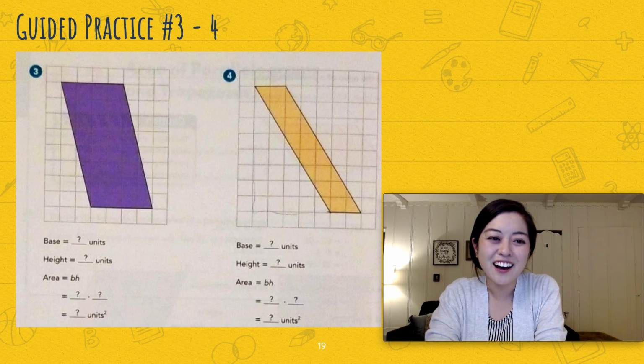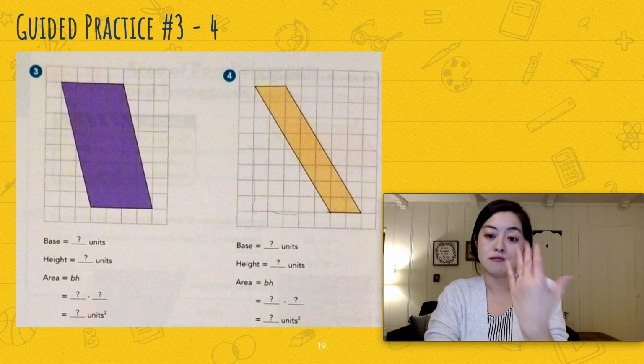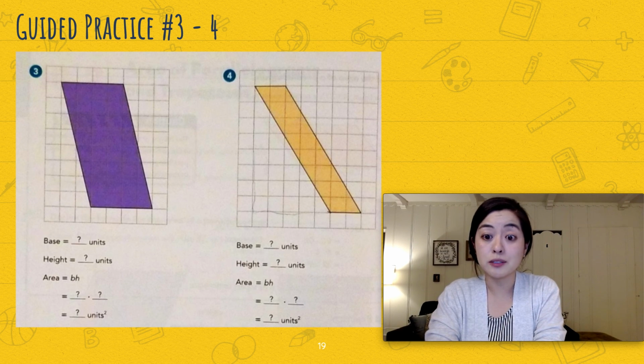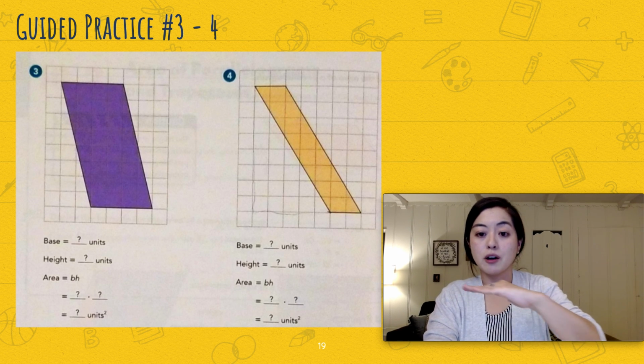Hi again. All right, so just like numbers 1 and 2, we're going to do 3 and 4 at the same time. First off, I want to determine the base, and again, I'm going to determine it as the side that's on the floor.